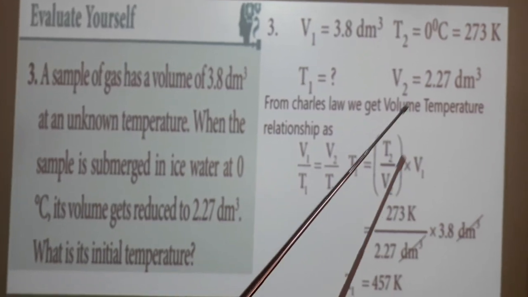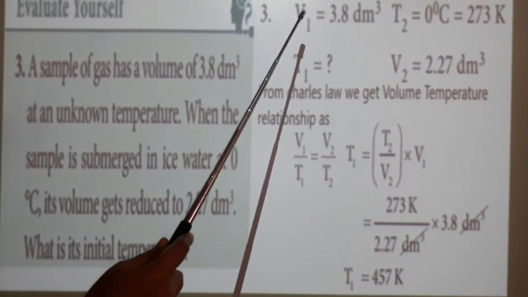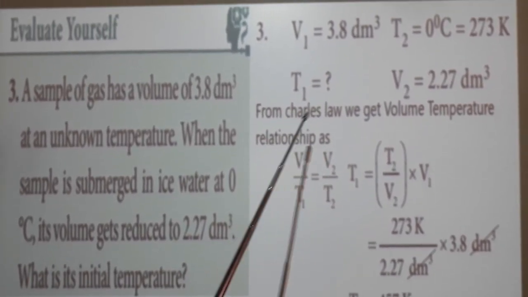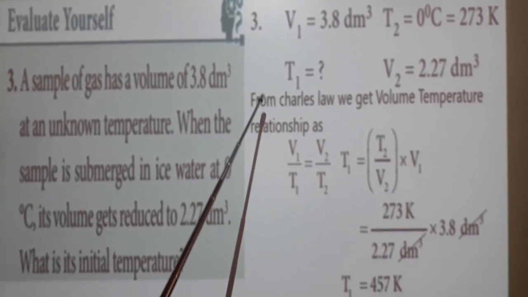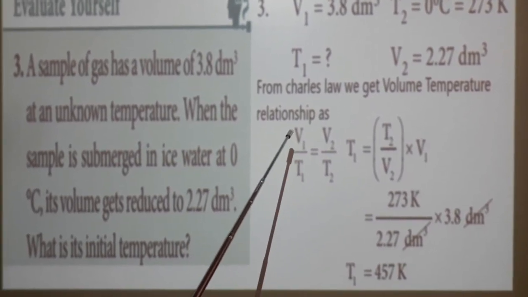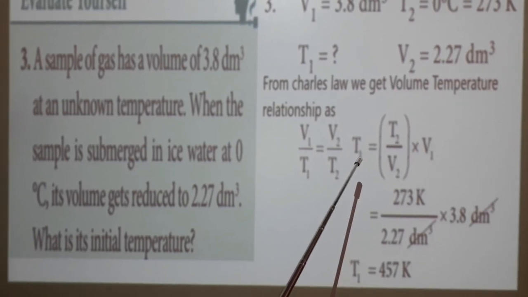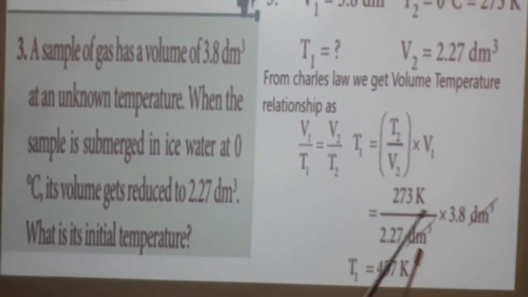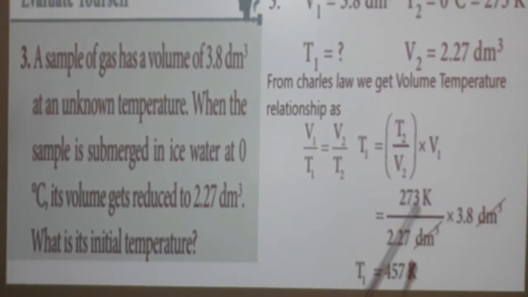Now V2 value is 2.27 decimeter cube. Here also we are getting only the volume and temperature data, so the relationship between volume and temperature comes from Charles law. According to the Charles law, the formula is V1 by T1 is equal to V2 by T2, and the T1 value we get by substituting the values and then cross multiplying. We get T1 is equal to 457 Kelvin.